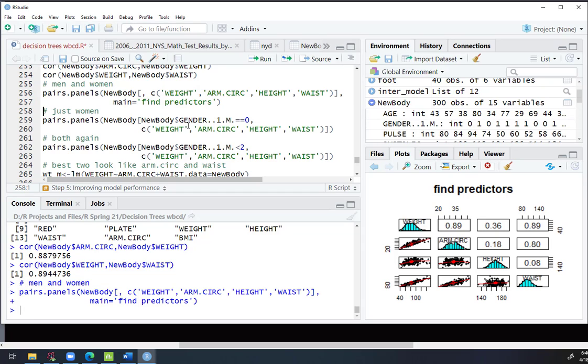If I wanted to look at just the women, do a pairs panel graphic, but just for the women, when I name my data new body, I would use subsetting, that's the square brackets, and I would limit to gender equals 0, and 0 is women and 1 is male. So I would limit the data I'm looking at to just data for women, and then I would use weight, arm circumference, height, and waist, and run that again.